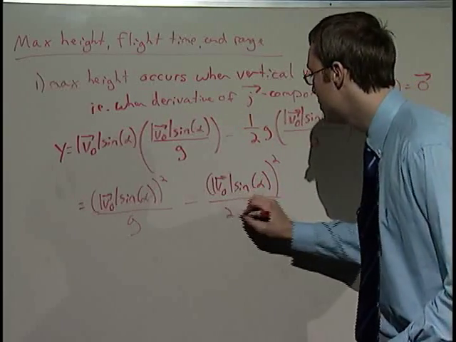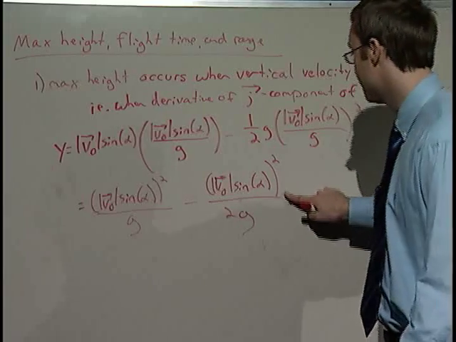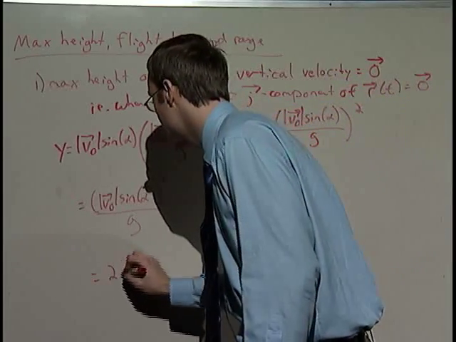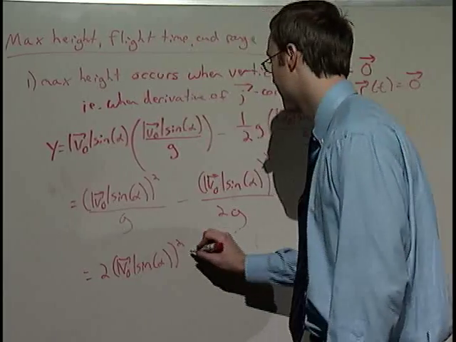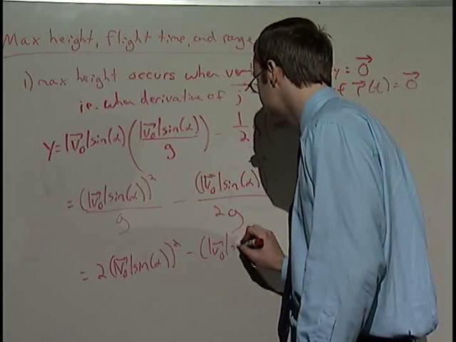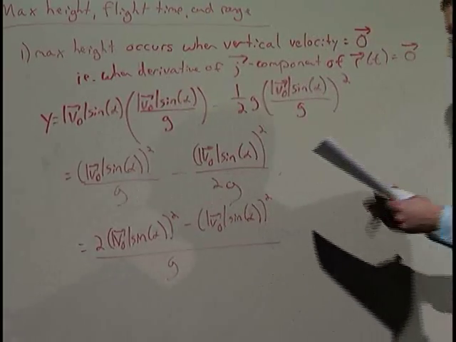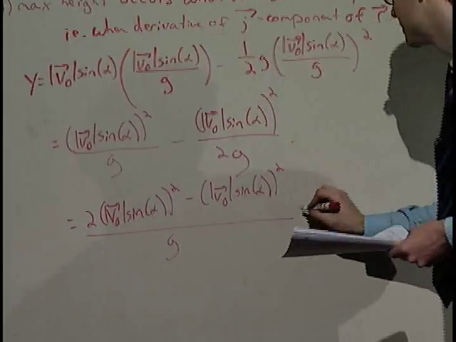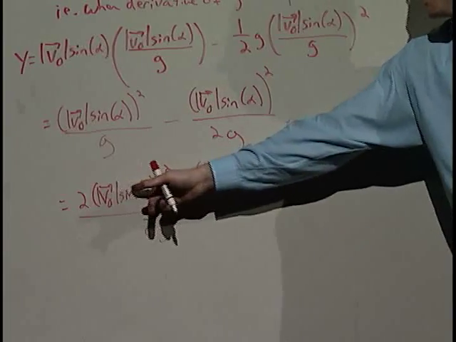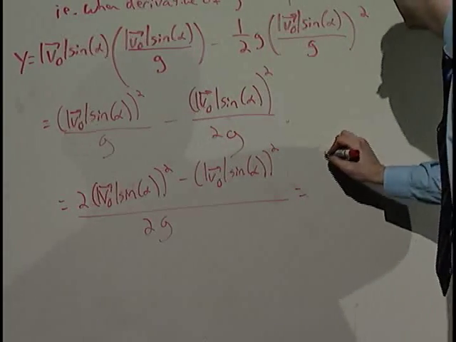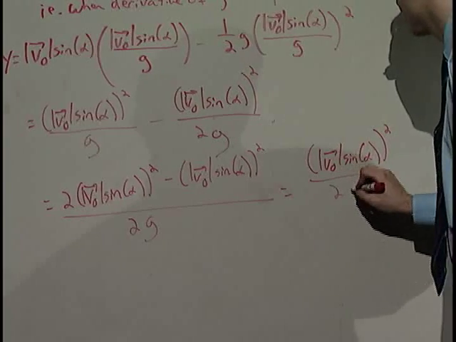squared over 2g, right? Because this g cancels with that g squared. Make a common denominator, putting a 2 over here, so we get 2 v naught sine alpha squared minus v naught sine alpha squared all over 2g. That gives us v naught sine alpha squared over 2g.